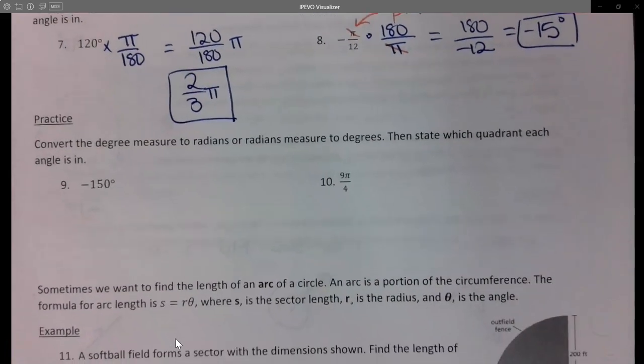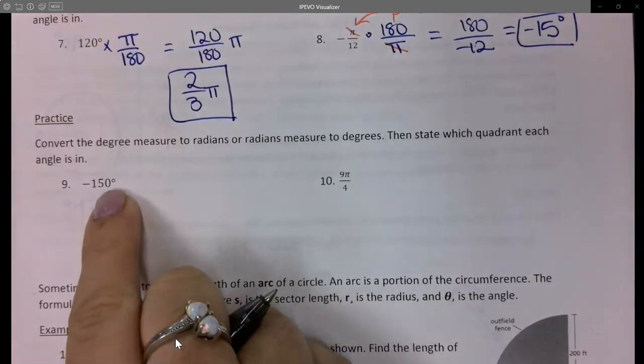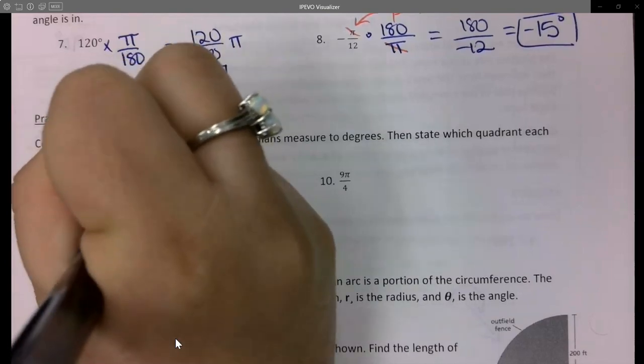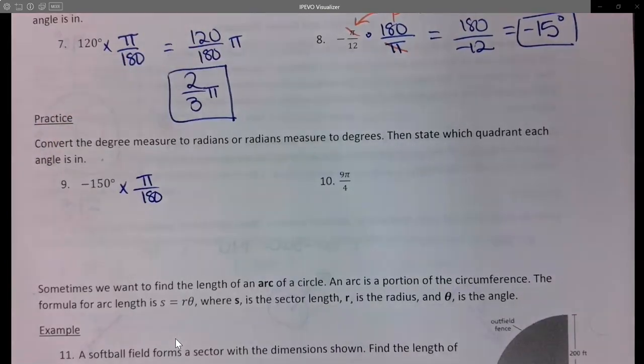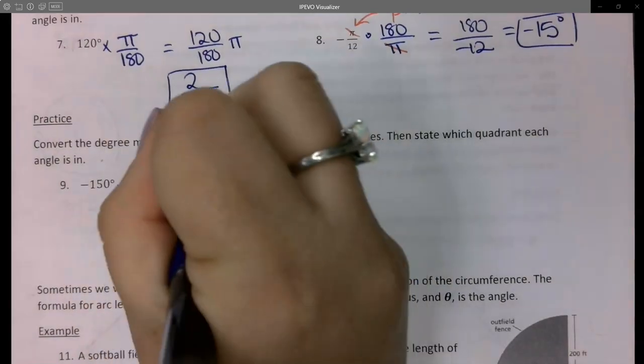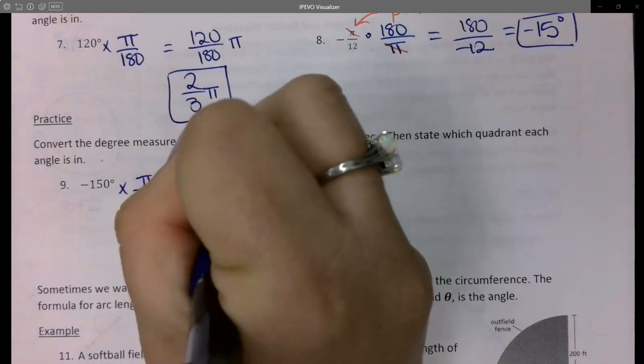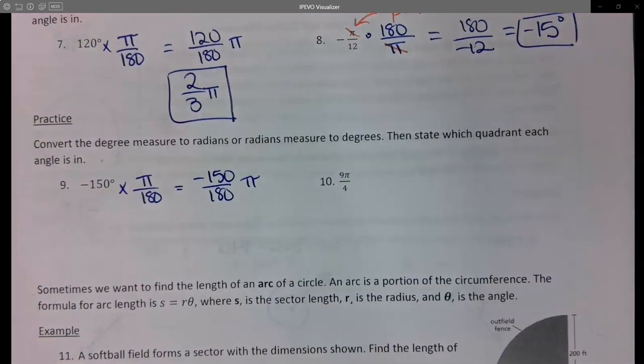So on number 9, I have it in degrees first, so I'm going to multiply by pi over 180. I can go ahead and rewrite this as negative 150 over 180, and then the pi.